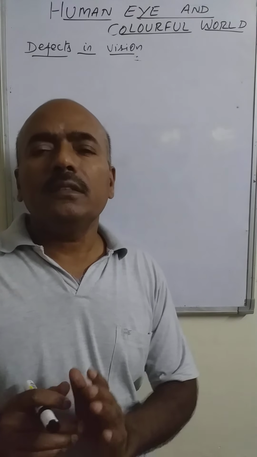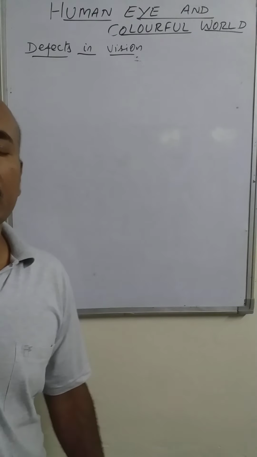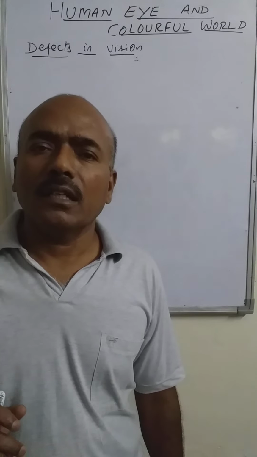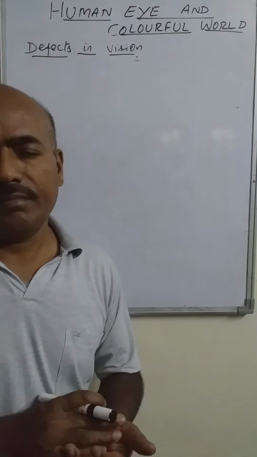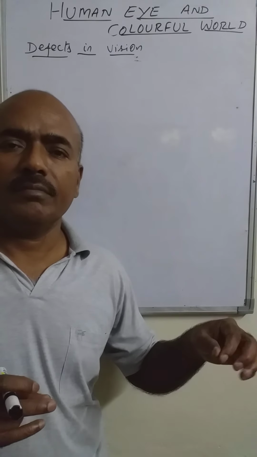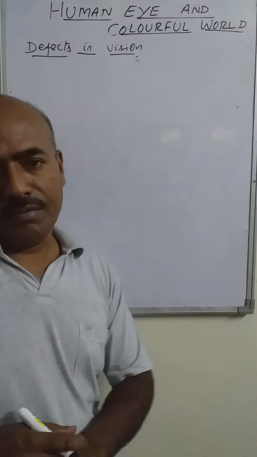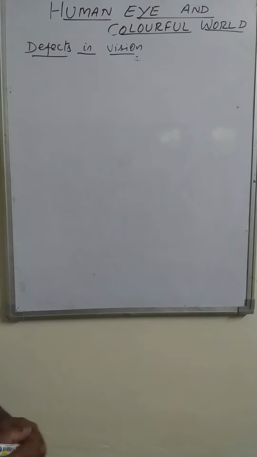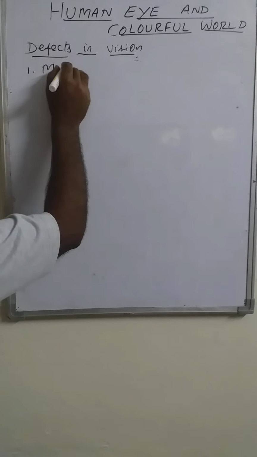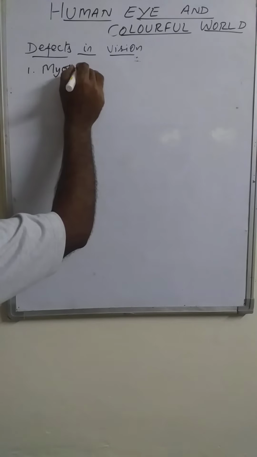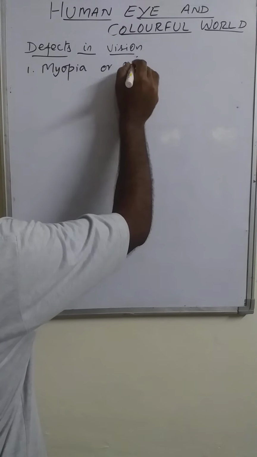We will discuss two main defects that take place in the human eye, and two more defects will also be touched slightly. The two main defects are, the first one, myopia, also known as nearsightedness.